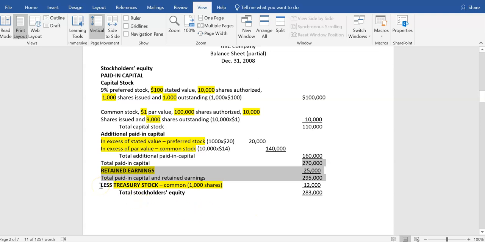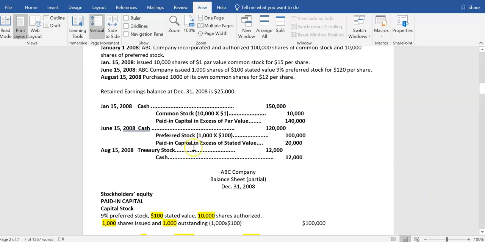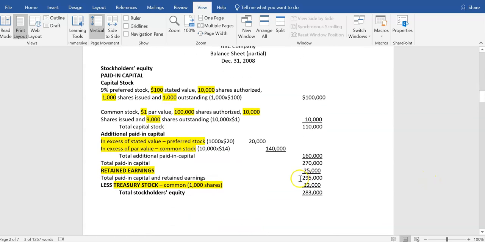But then we have to report how much of the paid in capital is now being held in treasury because of the treasury stock that was repurchased. And recall, we repurchased 12,000 of treasury stock, which decreases the amount of the owner investment, bringing total stockholders' equity down to $283.